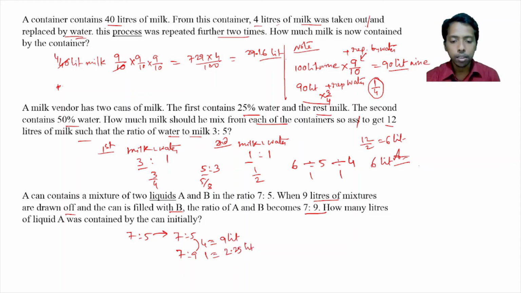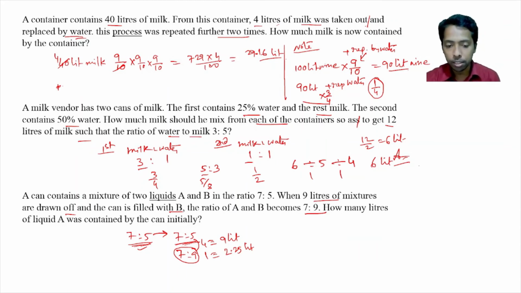Now understand that this is the final ratio 7:9. You may take this ratio 7:9, or you may consider this ratio 7:5. If you take this 7:5, this is already included 9 liter, but this 7:9 is not included 9 liter. If you take this, you may miss something, but you have to follow this one because 9 liters after removing, the ratio still be the same.